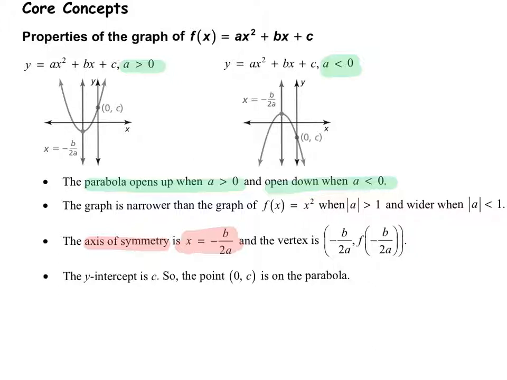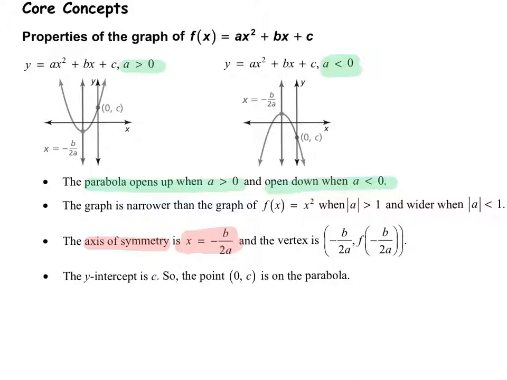We don't put it into c. So our x squared would end up being a 4, and our x would be the value of our axis of symmetry. So this is a very important concept to remember. You need to get this memorized so that you can always use it because it's a very important concept.